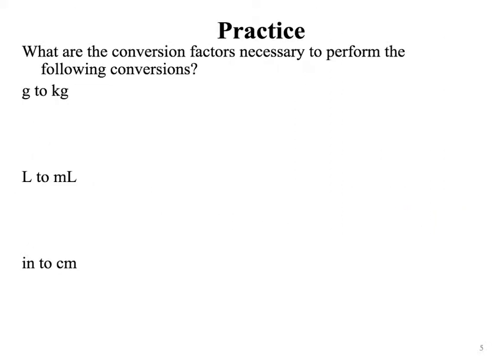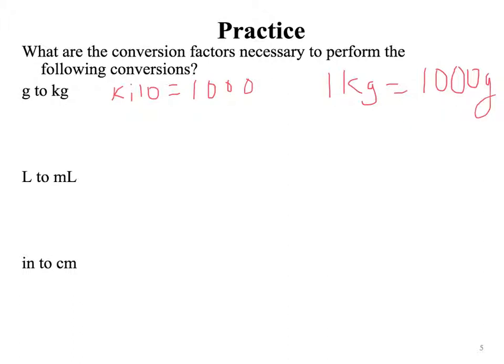So let's practice a little bit about converting units. What are the conversion factors necessary for converting grams to kilograms? Well, remember, kilo is 1,000, right? So that means in 1 kilogram, there are 1,000 grams, okay?